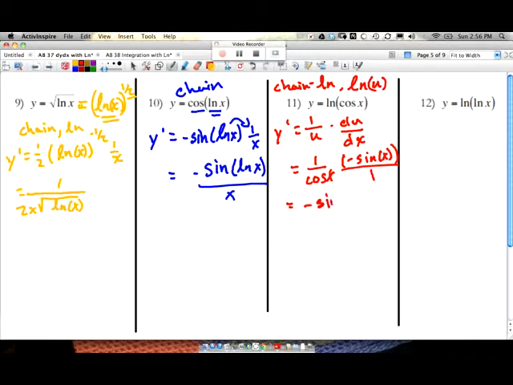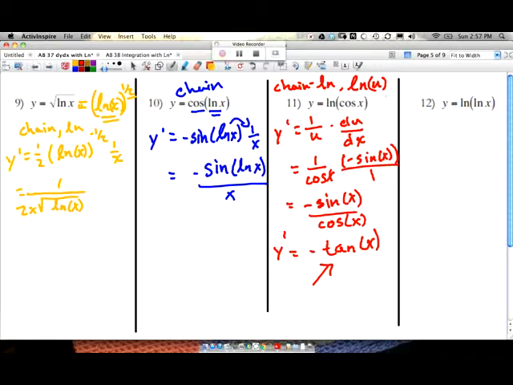So put it all together, we'd have negative sine of x over cosine of x, which is going to equal negative tangent of x. You might not expect that, but be prepared for it. It's common for trig functions that can be combined into less writing, often are.